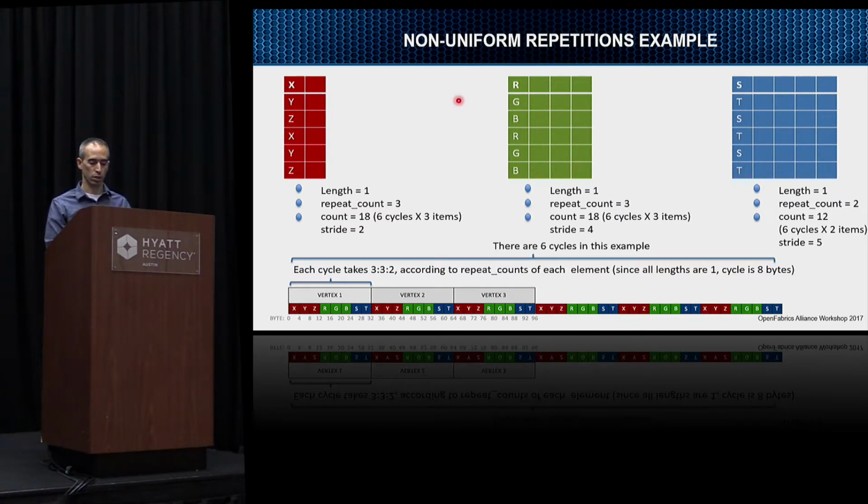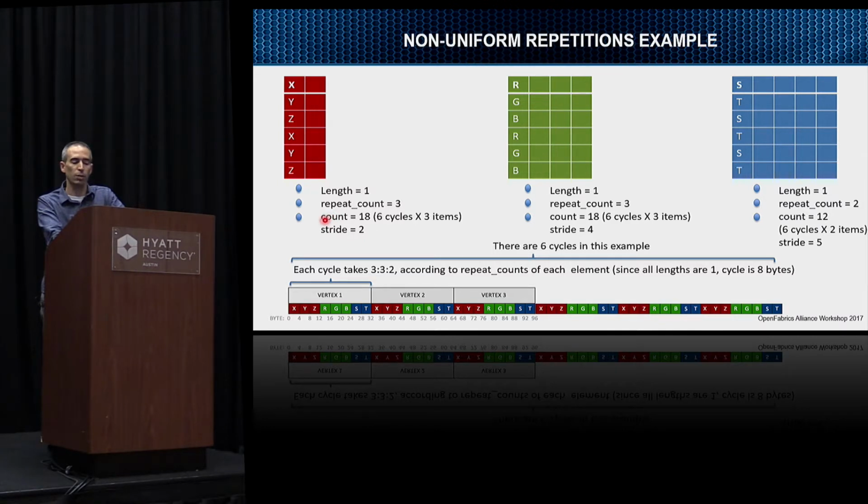The dimension would be 1 from each entry, but using the repeat count, which is a member of the entry layout, we can define how many elements are being taken from each entry per repetitive placement. So in this case, we take 3 from the red, we take 3 elements from the green, and only 2 from the blue as described on the bottom here.